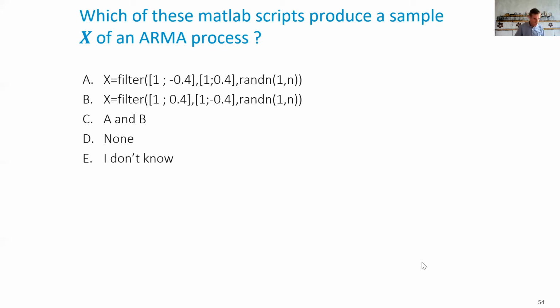In fact, in order to be a valid ARMA process, we need to apply an ARMA filter to a noise sequence. Randn is the noise sequence. This is an ARMA filter. But we need also to verify that the filter and its inverse are stable. So here we can see that the numerator polynomial is z minus 0.4. So the root is 0.4. Here the root is minus 0.4.